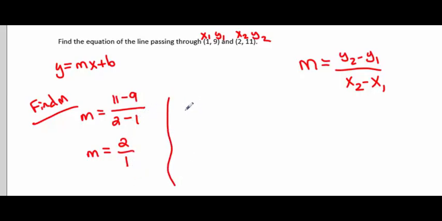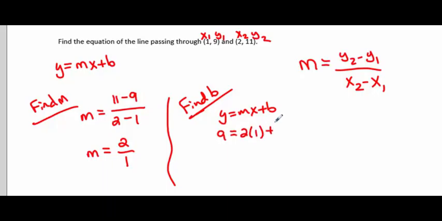Now, we need to find b. I have everything I need to find b. I have an x and a y. You can choose either 1, 9 or 2, 11. I have m, so let's plug those into y equals mx plus b. I'm going to go 1, 9. This gives us 9 equals 2 times 1, and then plus b.